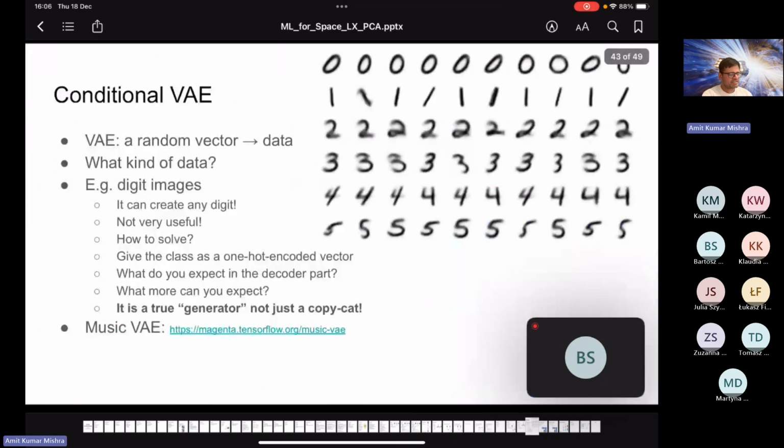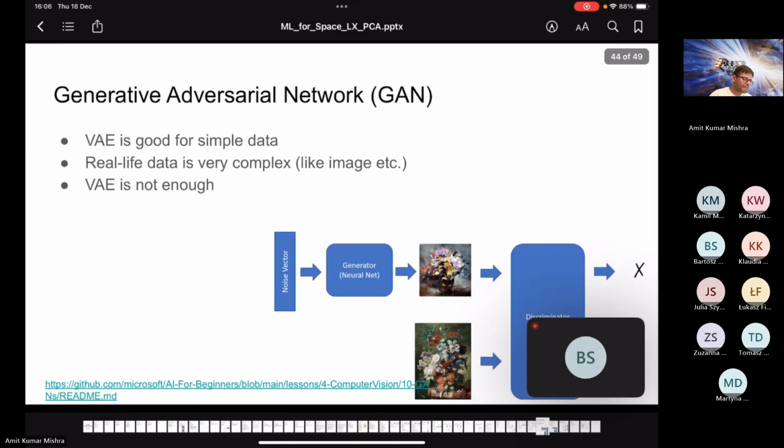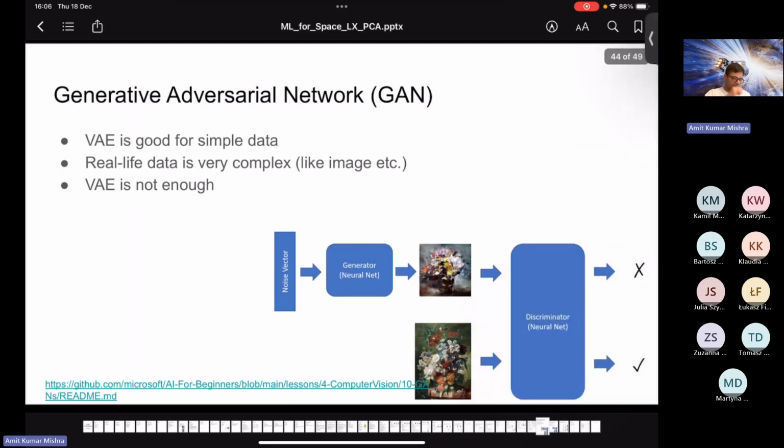These are images created by VAE, and you can see that they look quite natural. And of course, if you can create images, nothing stops you from creating music, and that is an example of a music VAE. They can use that to create music as well. Now, all well and good.